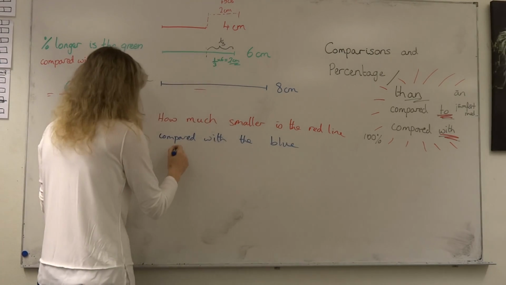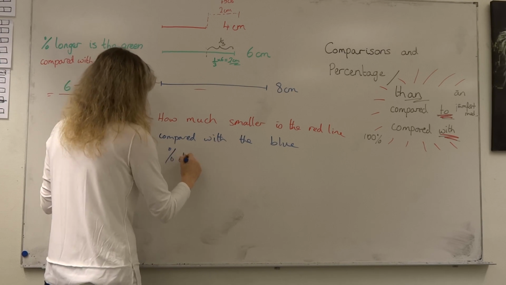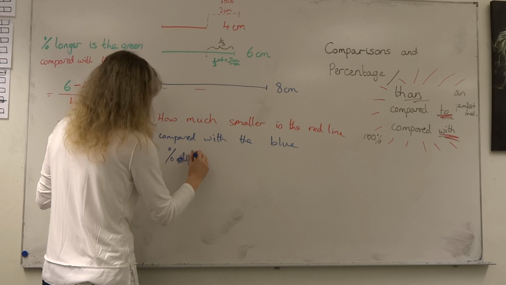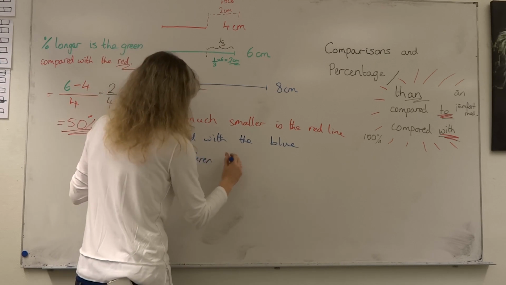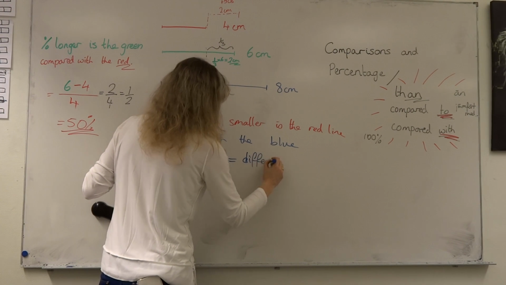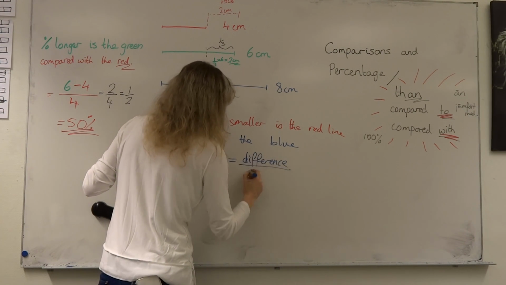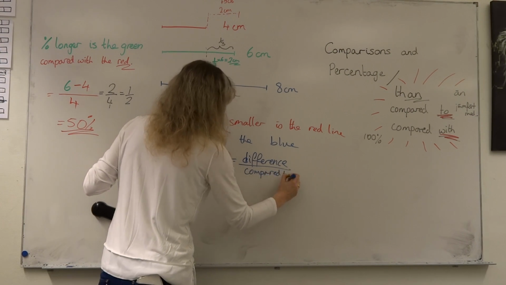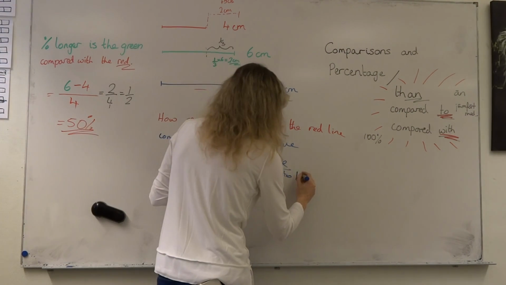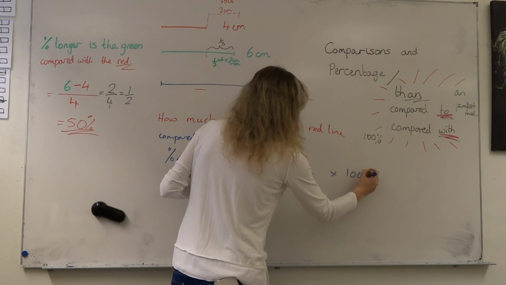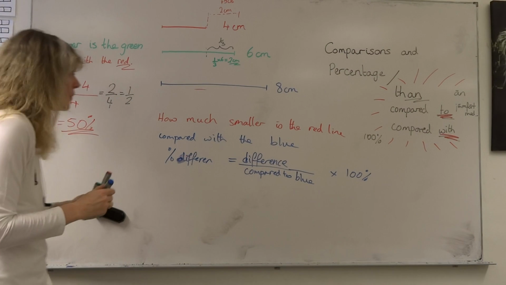Formula still the same. Percentage difference is the difference divided by what you're comparing it to. In this case, it's the blue. And then to change it to percentage, we can multiply it by 100%.